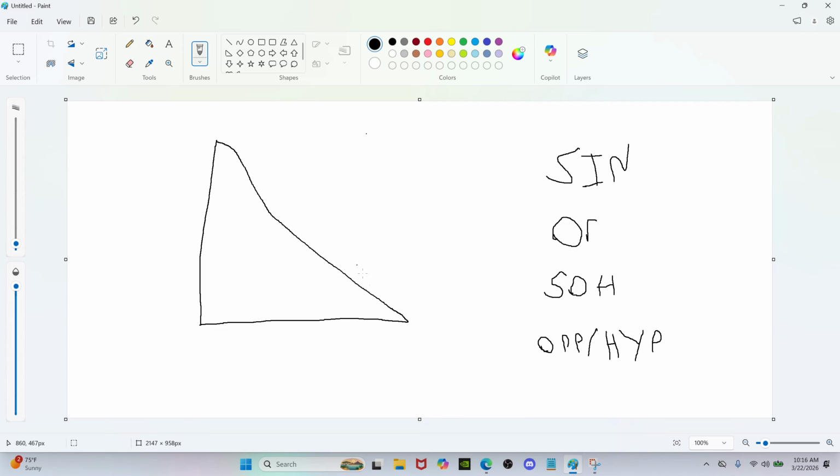But let's just say we're given an angle within the right triangle. We know it's 42 degrees. And we're given the hypotenuse, but we need to find the opposite side. So how will we go about doing this within the calculator? Well, fear not, because I'll show you.